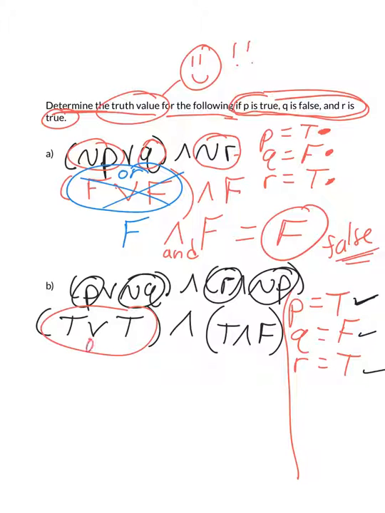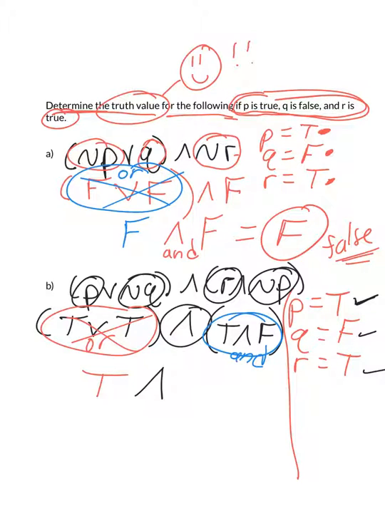An or surrounded by two T's makes another T. So two trues with an or makes a T. I'm still on the parenthesis step, so just bring the and down for now. Now I look at the other parentheses, because you go from left to right. The other parentheses have an and.